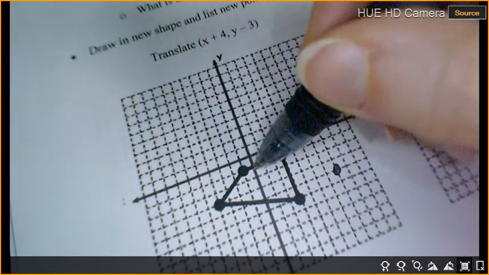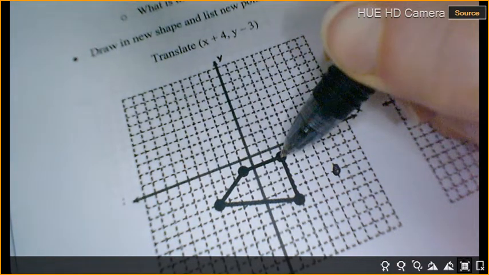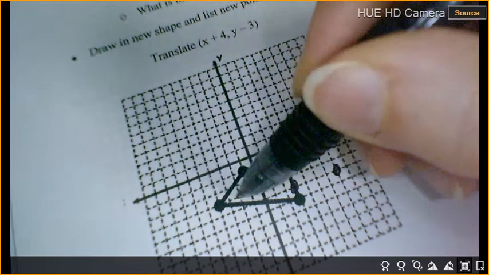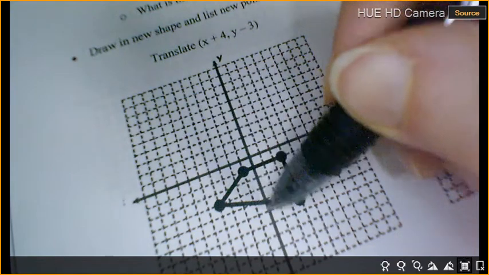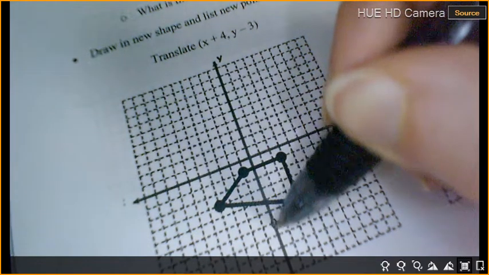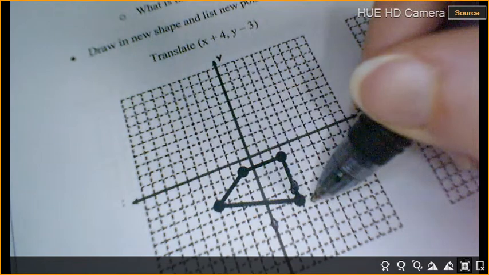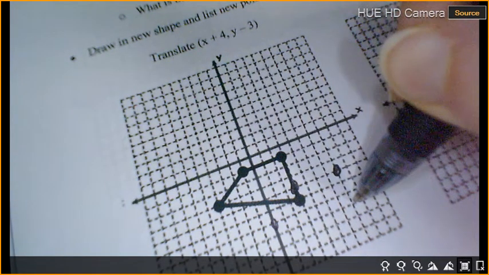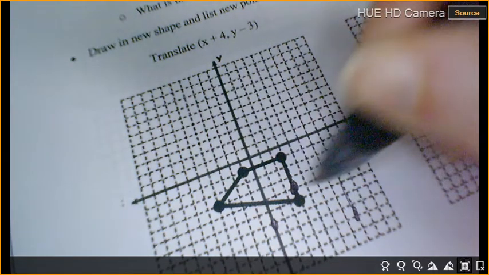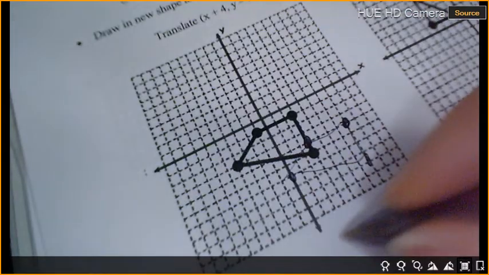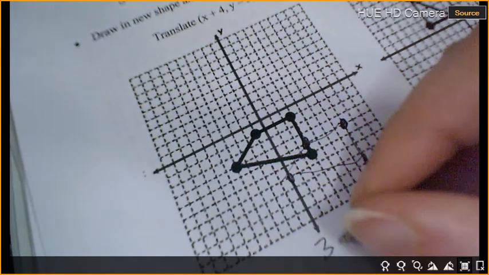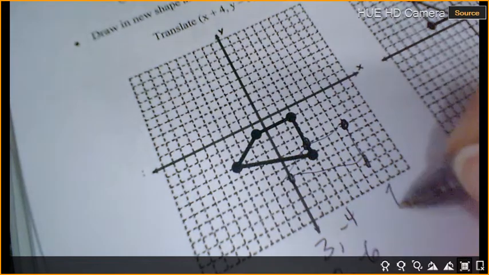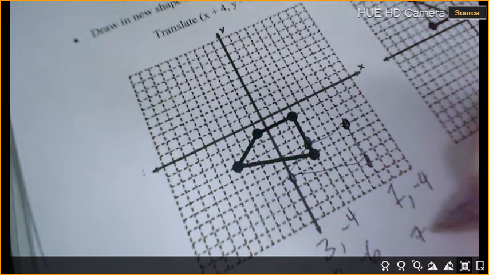We do the same for each point. Okay, so our new points should be 3, -4, 0, -6, 7, -4, and 7, -8.